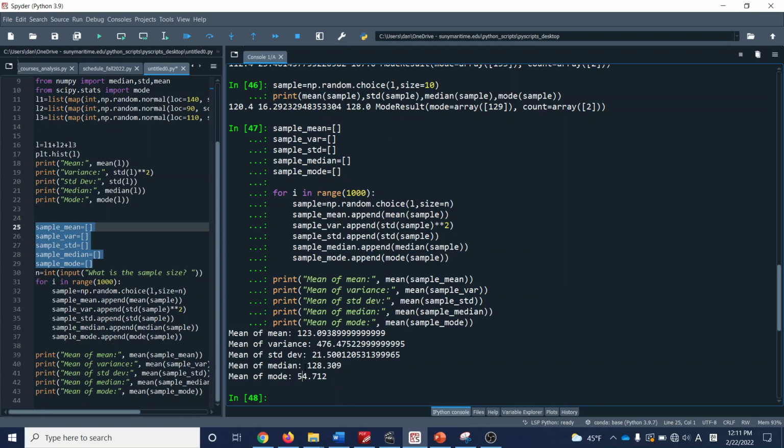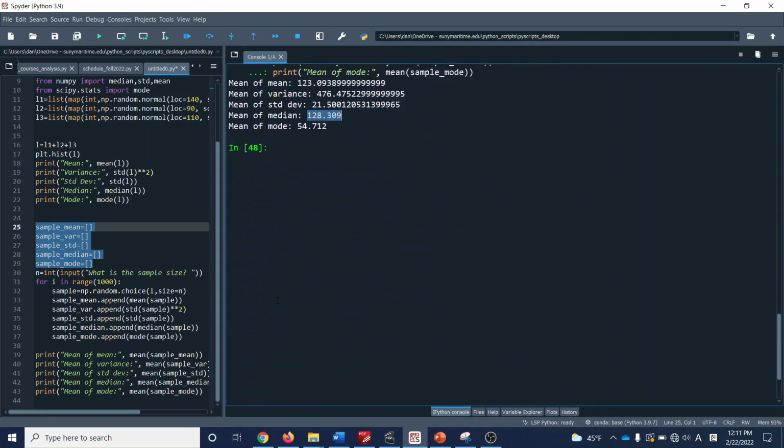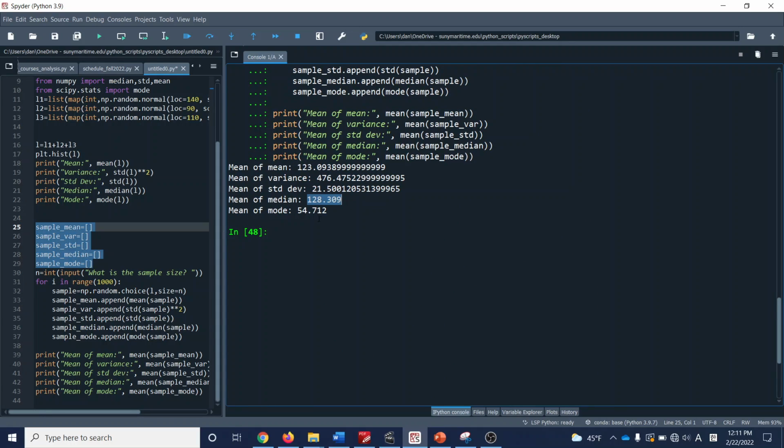But look at the mean of the median. Even if you do this 1,000 times, it's pretty bad at figuring out what the median of the sample was, right? So if I go up, the original data had median as 132, and even if I repeated this 1,000 times, it's off by like 4, right?